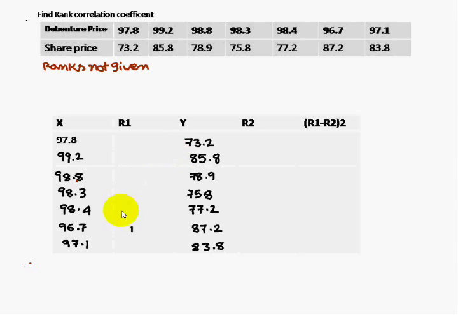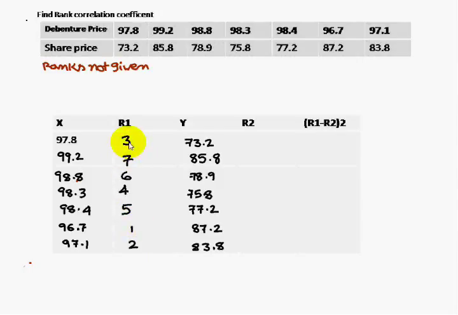Next, the least value in the X column, the debenture price column, is 96.7, so I have given it rank 1. The next highest value is 97.1, I have given it rank 2.